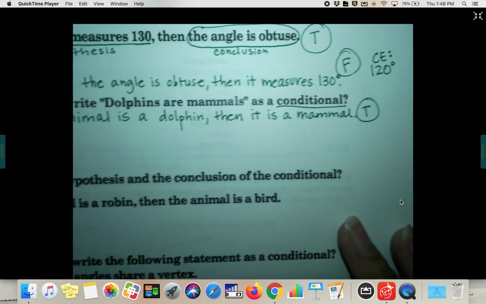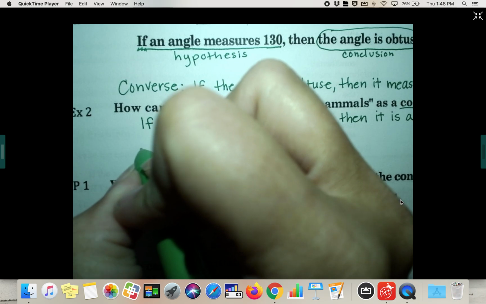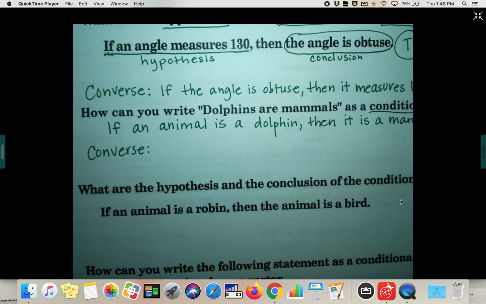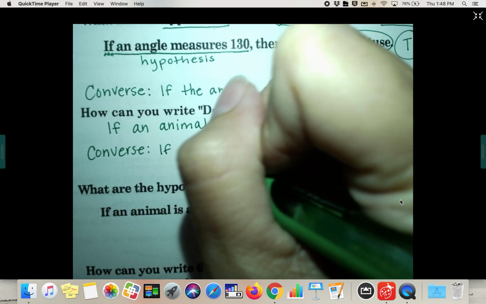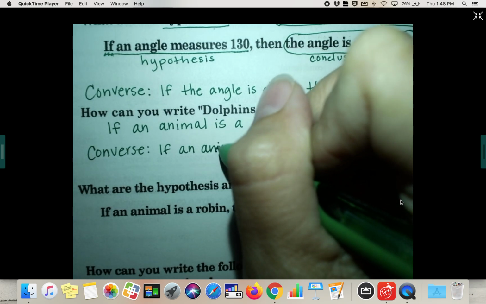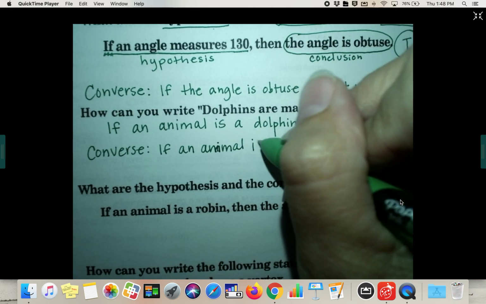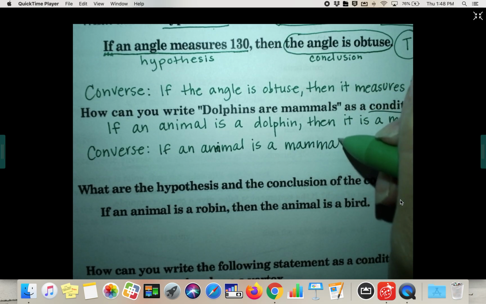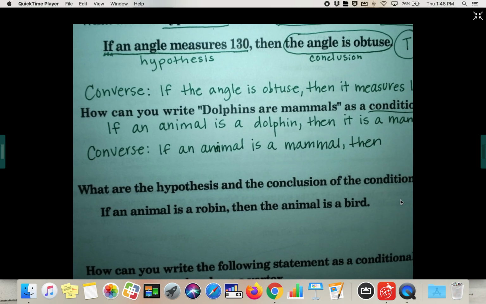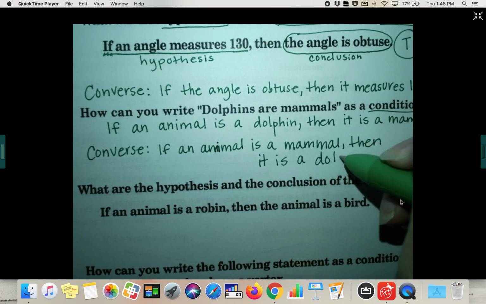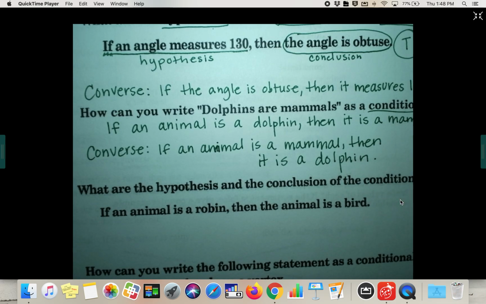Okay, let's practice writing the converse. We're going to switch the P and Q. So the converse statement would be if an animal is a mammal, then it is a dolphin.